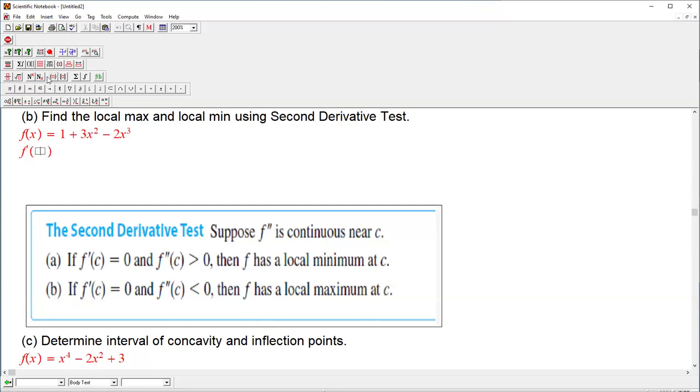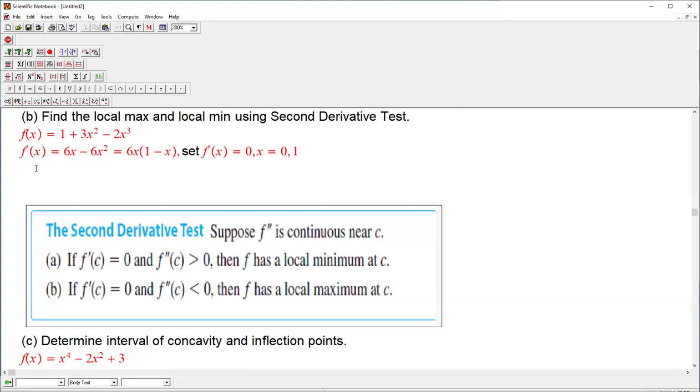Let's first find the first order derivative, which is going to be 6x minus 6x squared. Factor that, we get 6x times (1 minus x), and set the first order derivative equal to 0, and we get x equals 0 or 1.